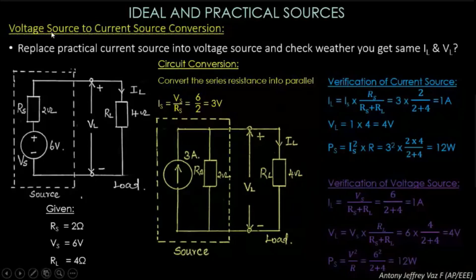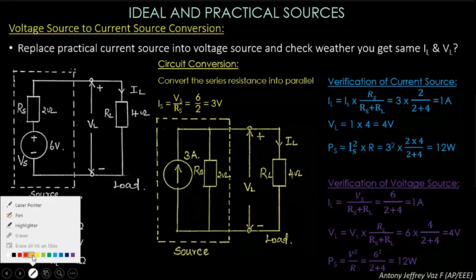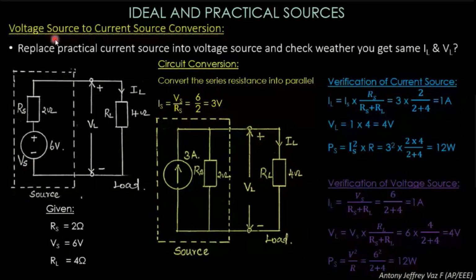Okay, the next topic is we are going to convert the voltage source into a current source. This circuit given is the voltage source circuit. You can see Vs is equal to 6 volt and the resistance Rs is equal to 2 ohm and this is the load resistance RL. So now we are going to convert this voltage source circuit into a current source circuit.